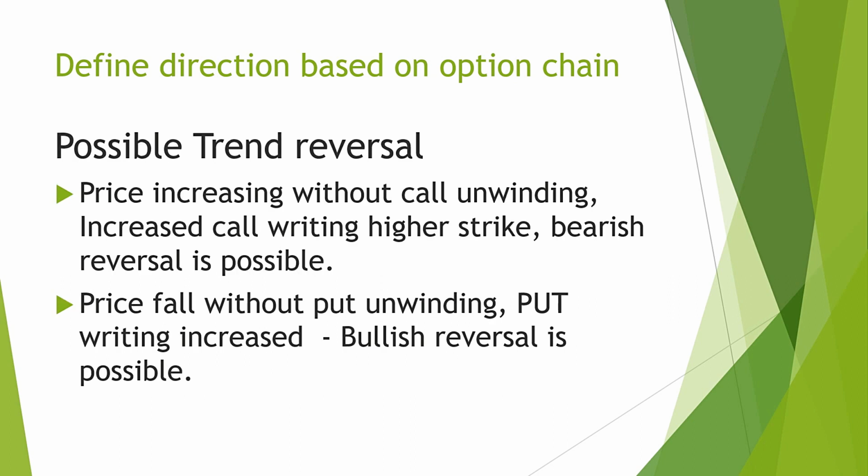Now, is it possible to define trend reversal based on the option chain? It is possible sometimes when prices of the underlying are increasing without unwinding of calls, and there is increased call writing at higher strikes; then a bearish reversal is possible. It means people are not exiting their current short positions in calls. There is no unwinding, and they are also shorting calls at higher strikes.